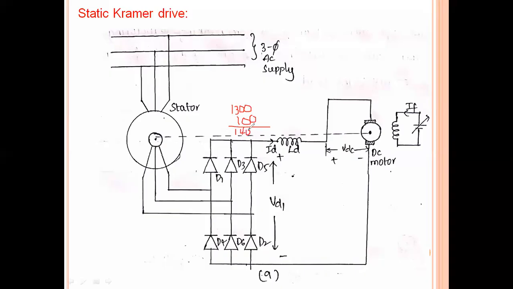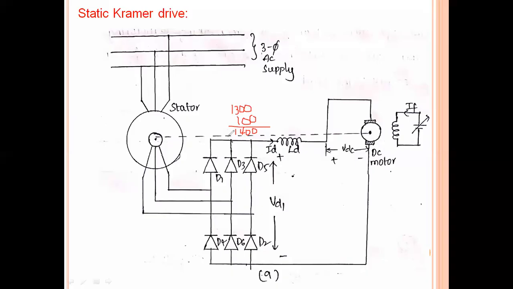So what we are doing here is, the wastage power on the rotor slip rings is fed back, converted into DC in feedback form, and utilized to run the DC motor.